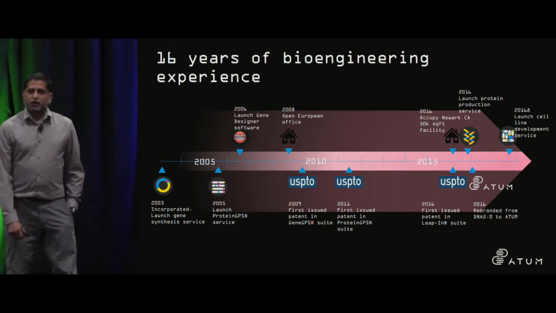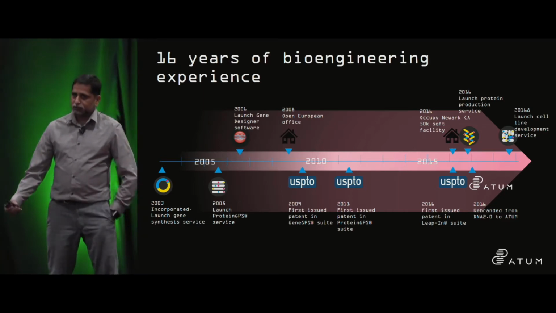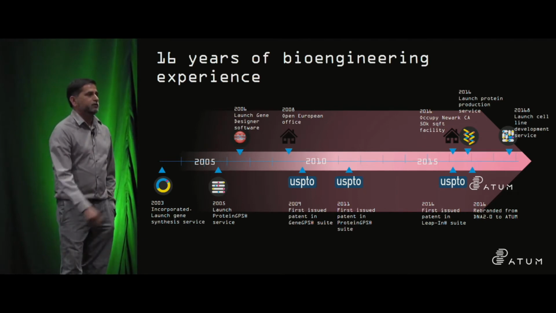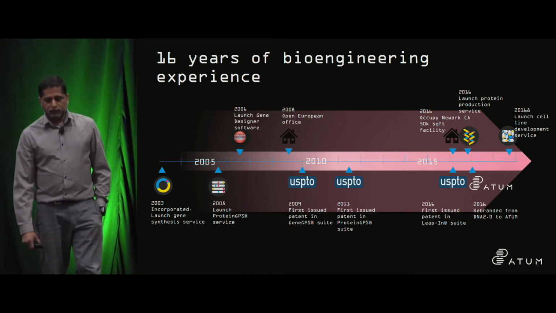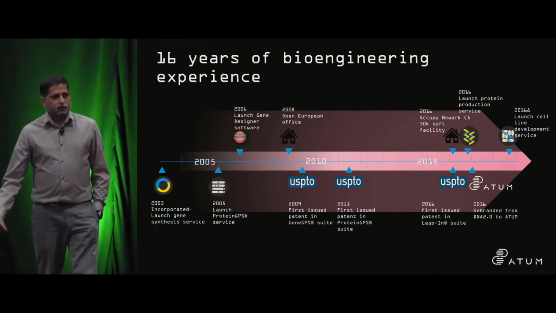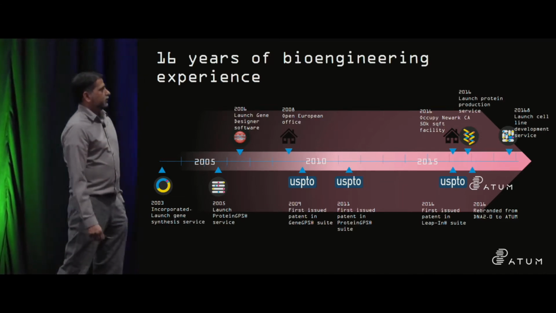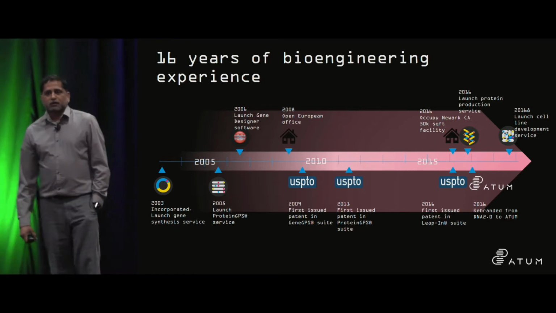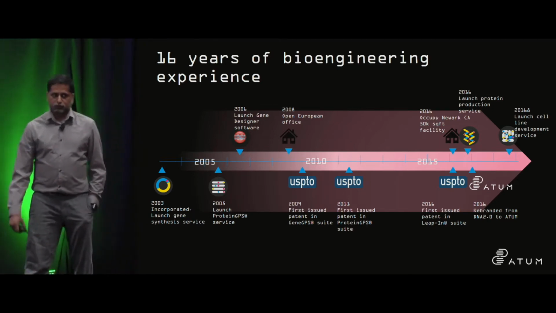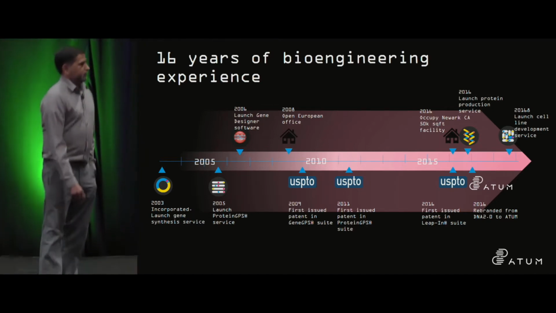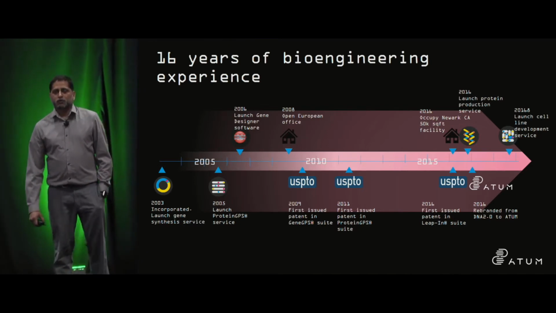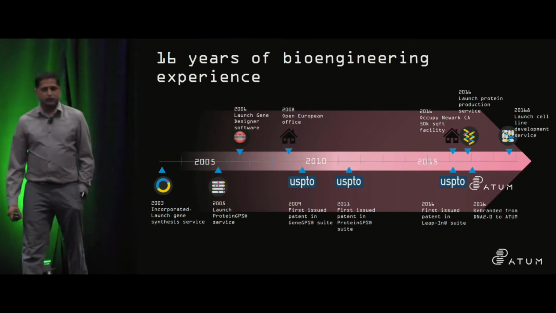We are about 100 people, located in a 50,000 square foot facility in Newark, California. Over the years, we have engineered dozens of antibodies, and we've also done countless enzymes using a similar approach. So we built a very strong portfolio of various methods, patents, and so on.